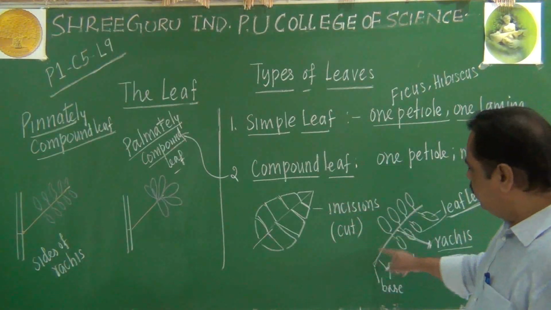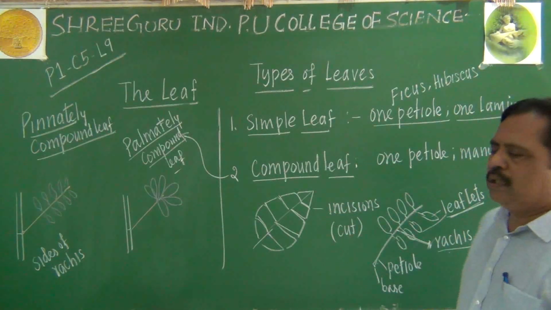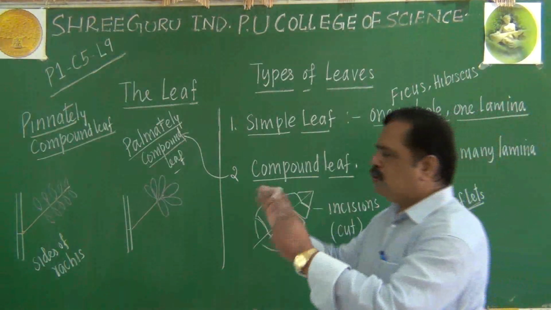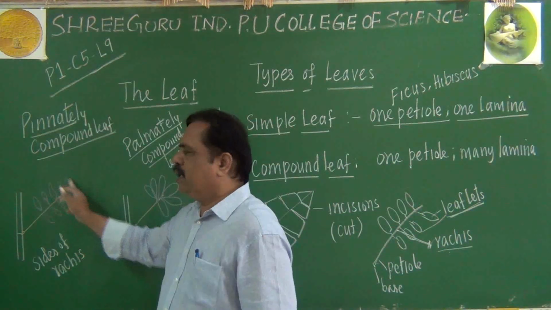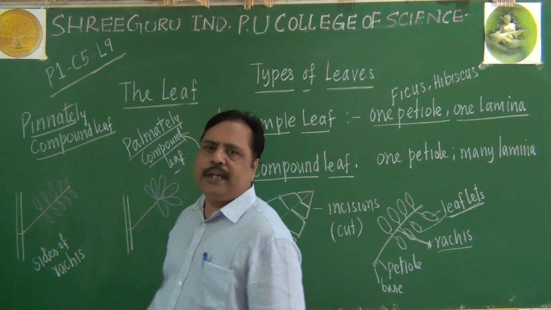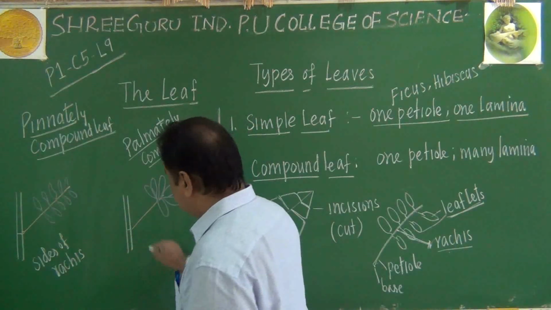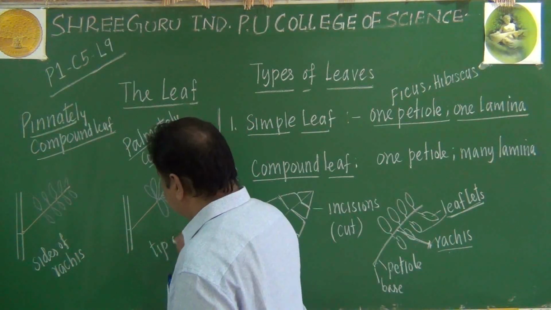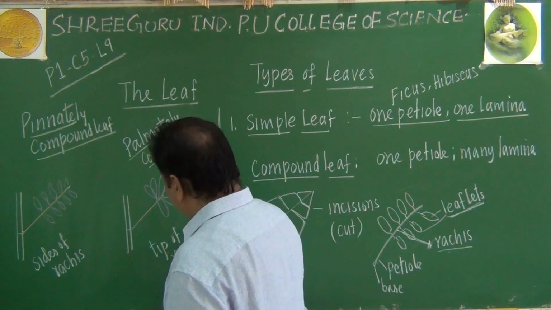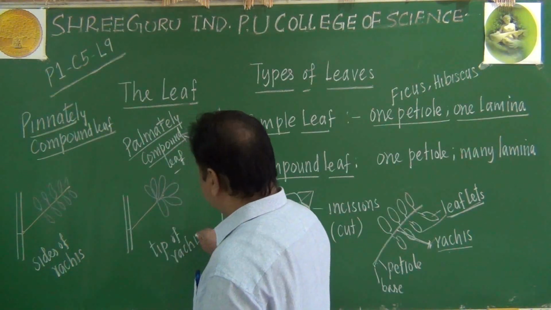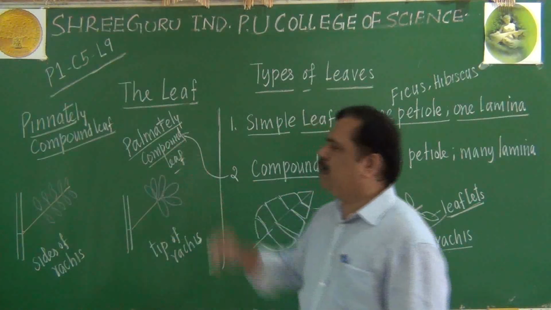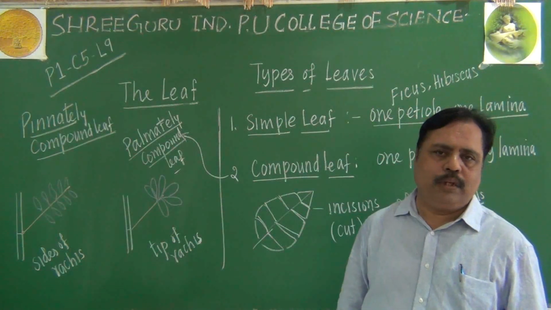But in a compound leaf, it is modified into rachis. On both sides of the rachis, if you find leaflets, it is called pinnately compound. Here, at the tip of the rachis, if the tip alone contains leaflets, then it is called a palmately compound leaf.